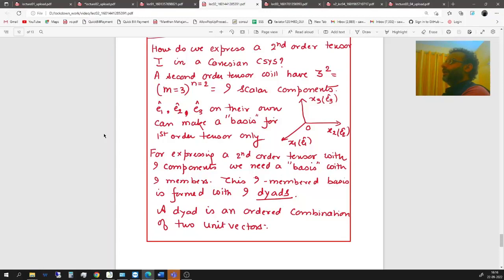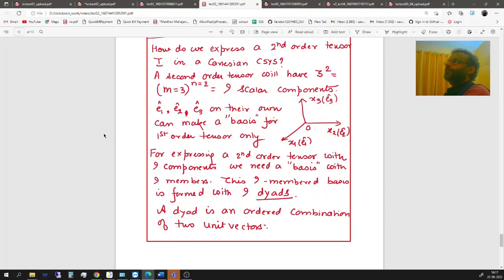But E1, E2, and E3 on their own can make a basis for first order tensors only, right? When T was the first order tensor, I wrote that as T1 E1, T2 E2, T3 E3. So 3 scalar components were accommodated by E1, E2, E3 in that manner. But now we have a second order tensor which has 9 scalar components. How do I express that?